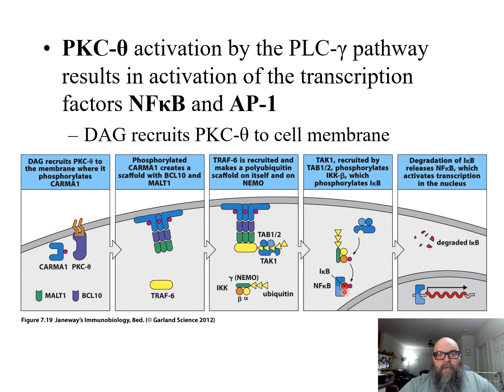The thing is, in its native form, it's bound to I kappa B. I kappa B can only be removed if it is ubiquitinated. Well, to do that, you have to have TAK1. TAK1 then goes and activates IKK. IKK then goes and ubiquitinates I kappa B, which causes it to be degraded, releasing NF kappa B in an active form, which will then traffic to the nucleus, bind to DNA, and transcription is activated.